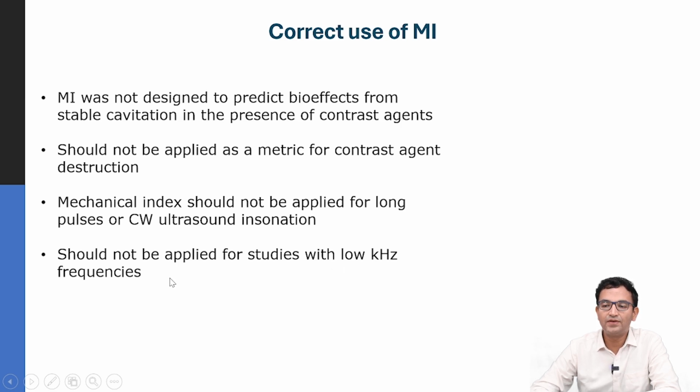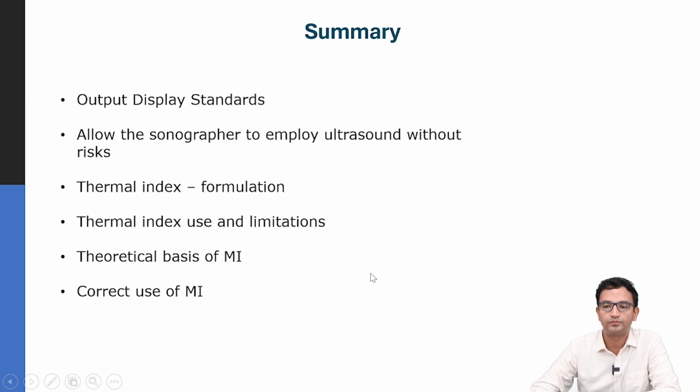For example, I have seen reports which are performed with 40 kilohertz ultrasound or 100 kilohertz ultrasound, and the authors have claimed that their study is very safe because the MI was lower than 1.9. Note that MI was derived for megahertz ultrasound pulses, and the behavior may be qualitatively different at those kilohertz frequencies. So it is probably not appropriate to use MI for these low kilohertz frequencies.